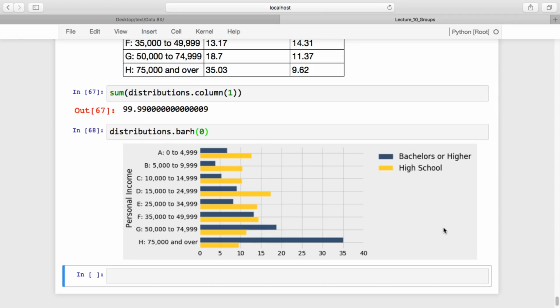So very clearly, educational level and income level are associated. The higher the income, the higher the educational level, at least by this comparison, and vice versa.